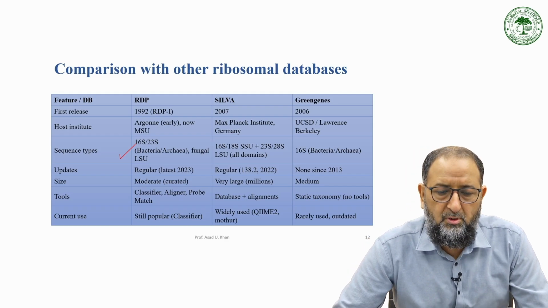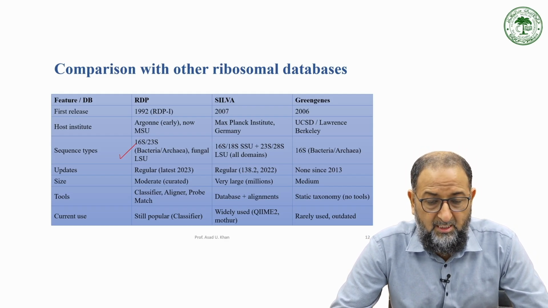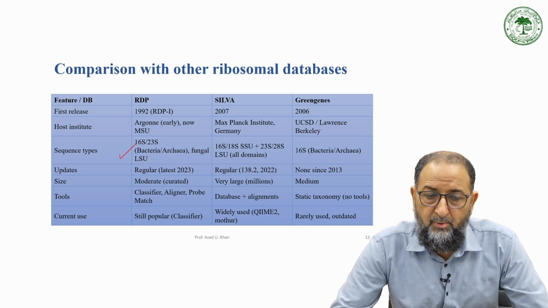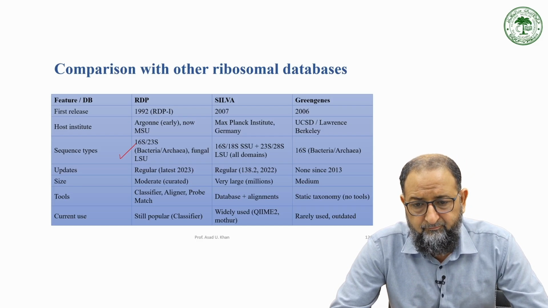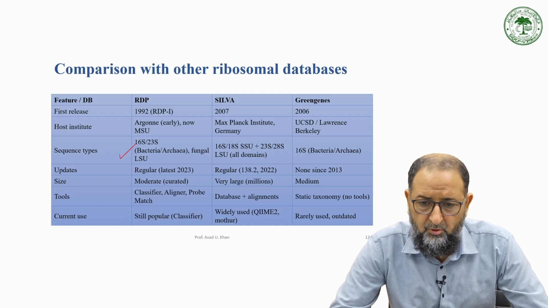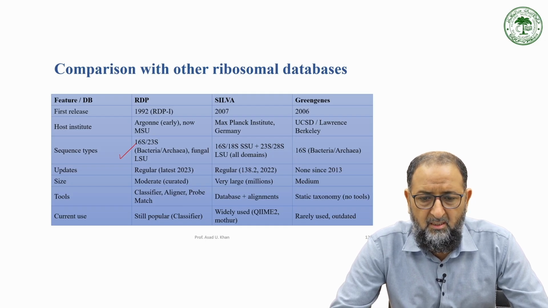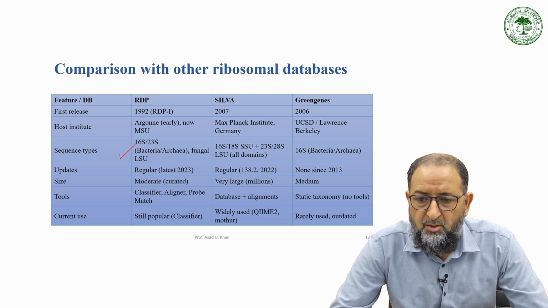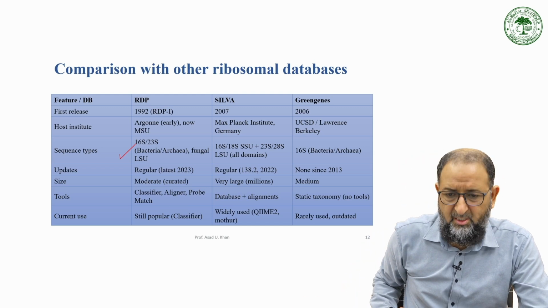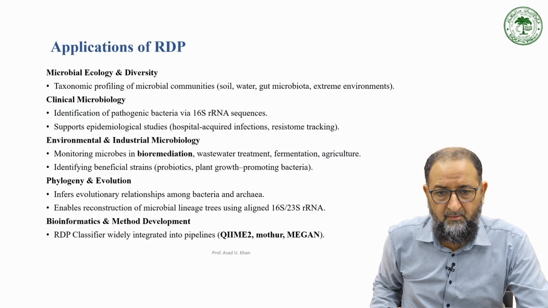The current use: RDP classifier is still popular, and SILVA is widely used and better than RDP in certain cases, but RDP is still more popular. Greengenes is rarely used and outdated because the database is not being updated further.